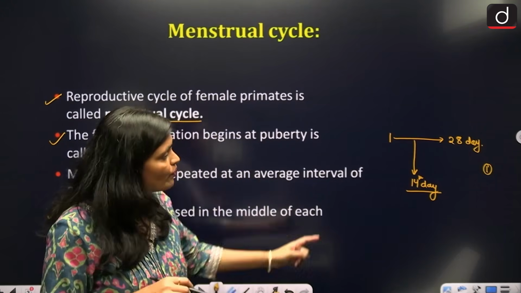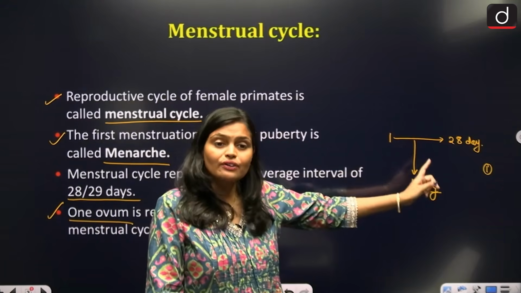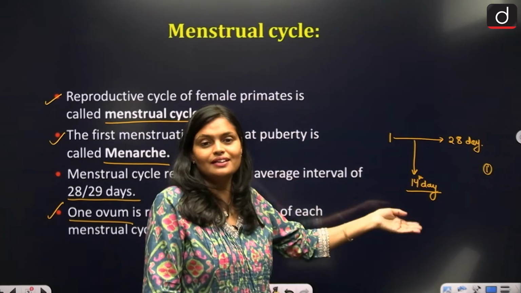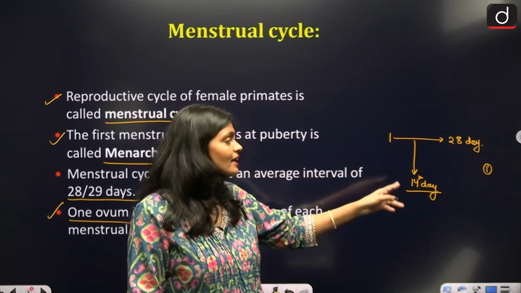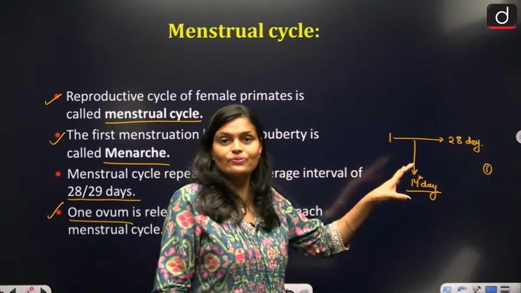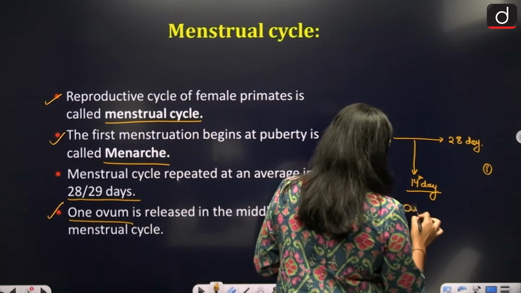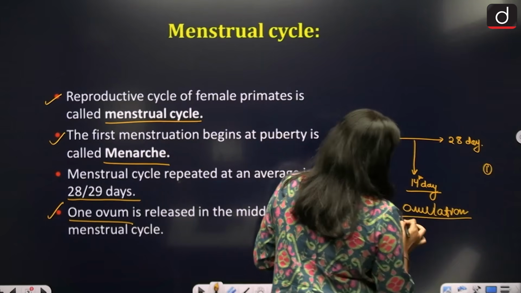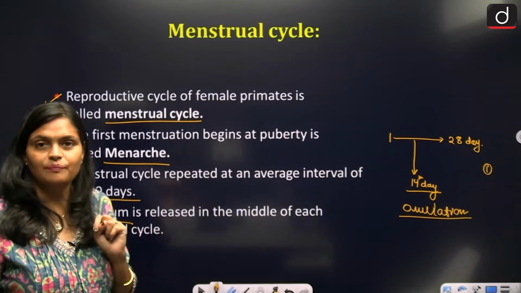So the ovum releases at the 14th day, or the middle of the menstrual cycle, and this is called ovulation.